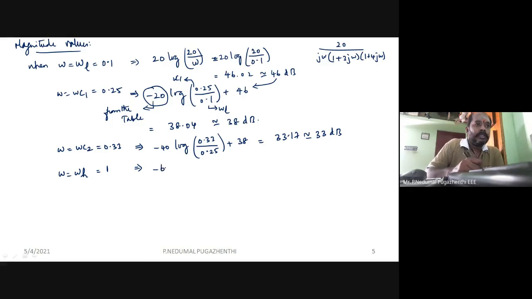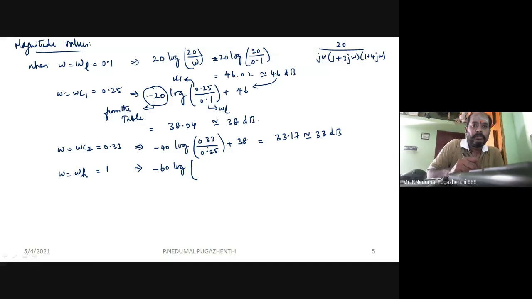It is minus 60 log of, what will be there in the numerator? Everybody in the class, what will be there in the numerator? It is very simple.